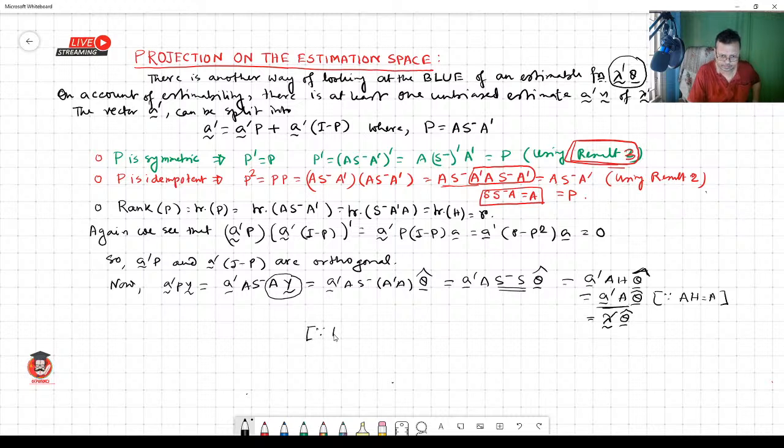Since expectation of a curl prime y curl is an estimator of lambda curl prime theta curl, this means expectation a curl prime y curl equal to lambda curl prime theta curl, and using this thing you get a curl prime equal to lambda curl prime.